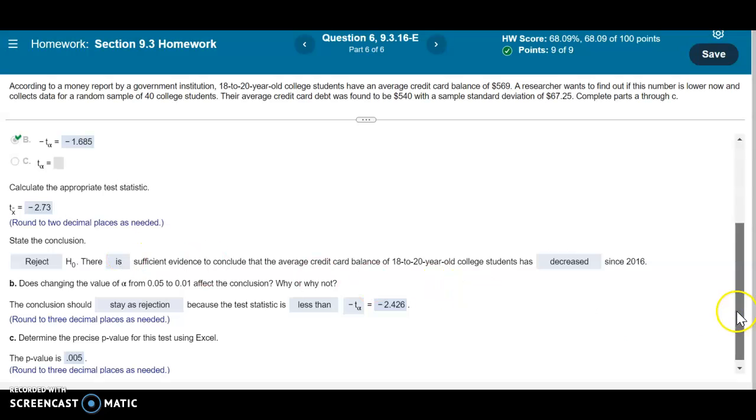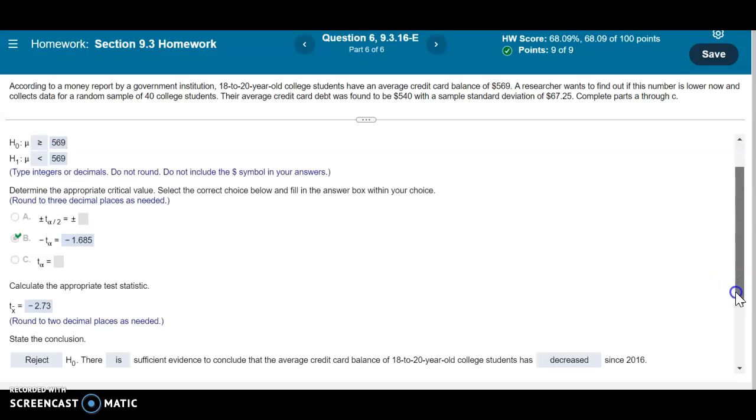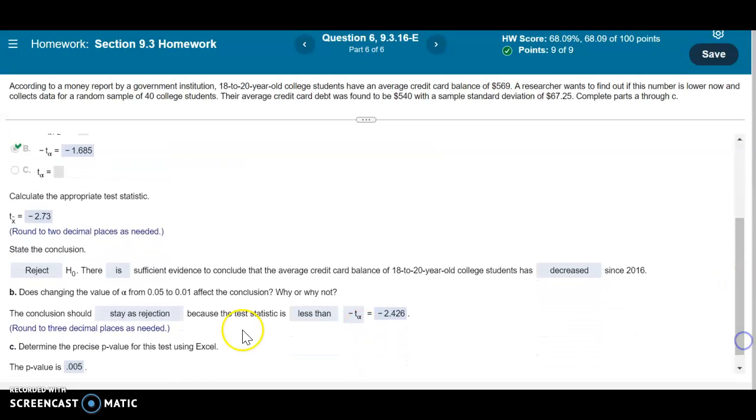There is enough evidence to conclude that it has gone down, because if we're rejecting the null, that means we have evidence to support the alternative. So it has gone down. We have sufficient evidence.